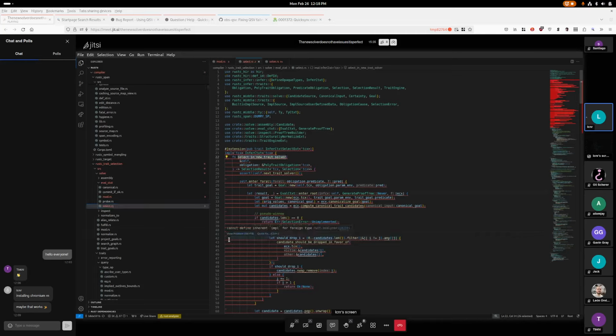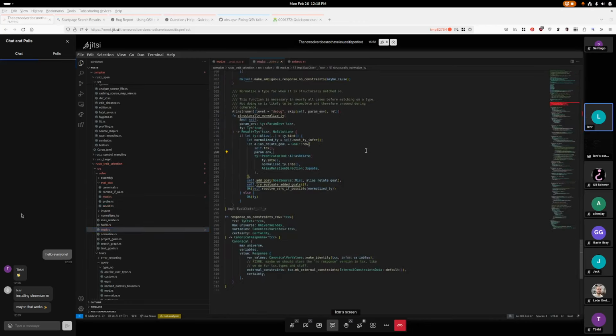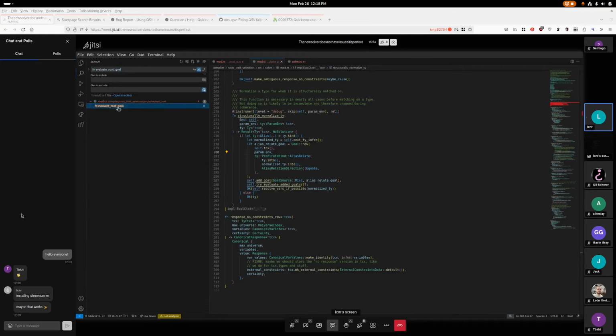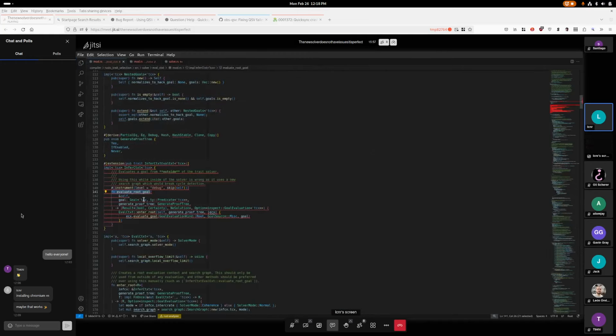But as we don't use selection during coherence, that one is only necessary for codegen when resolving instances and for coercions. So the only relevant entry point is evaluate_root_goal on the inference context.